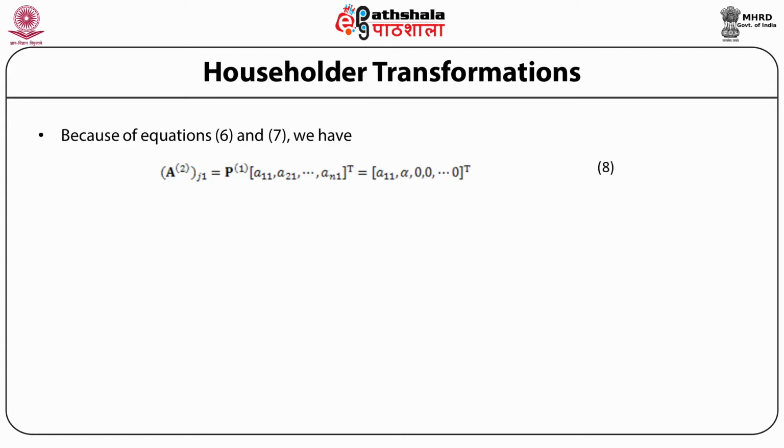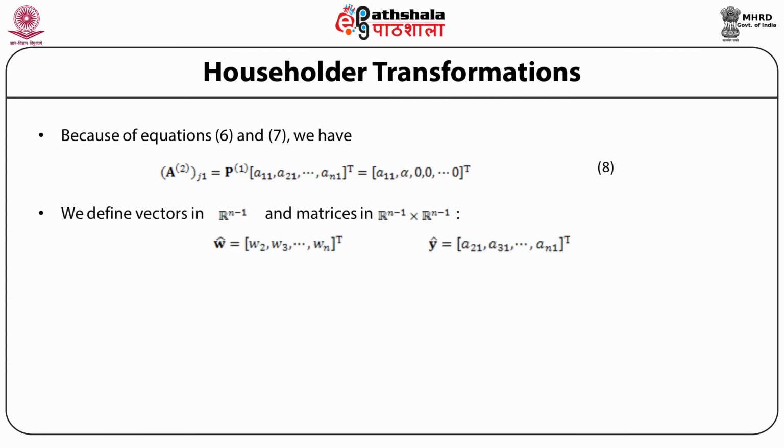We define vectors in R^(n-1) and matrices in R^(n-1) cross R^(n-1). Vector W equals (W2, W3, up to Wn) transpose. Vector Y equals (A21, A31, up to An1) transpose.